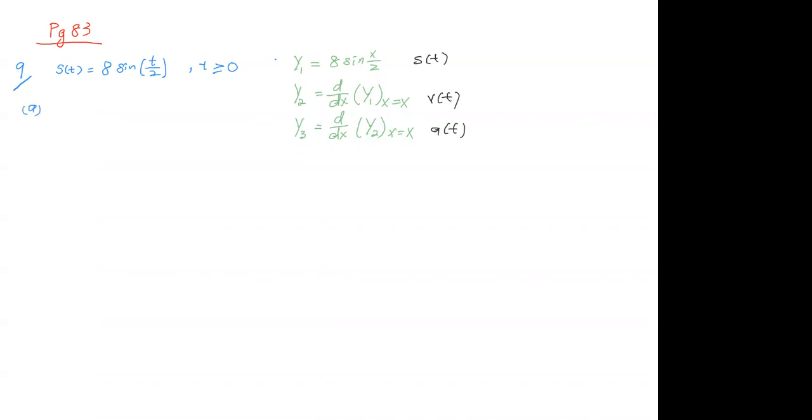Is the dog to the left or to the right of its kernel after 3 seconds? You just sub in 3 and 7 seconds into the Y1 and see if it's negative.